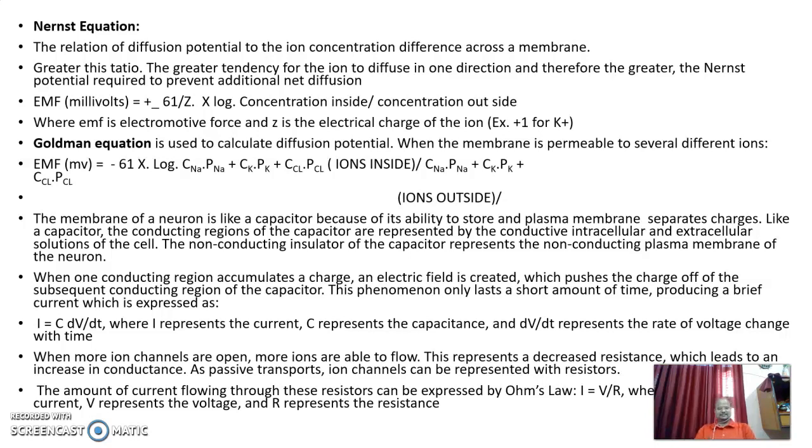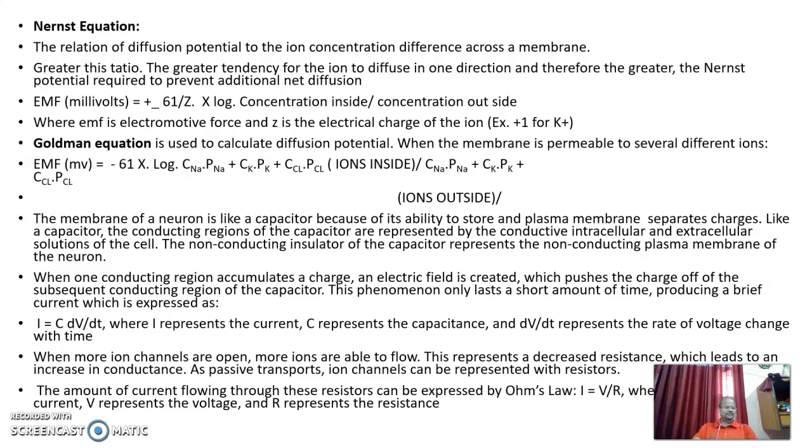But there are different kinds of ions present inside and outside the plasma membrane, so for several ions we use the Goldman equation to calculate the electromotive force of a particular plasma membrane of a neuron, which is equal to minus 61 into log of the permeability and concentration of these ions outside and inside.